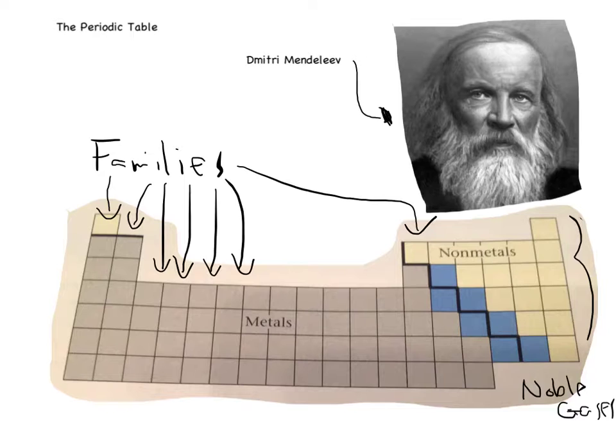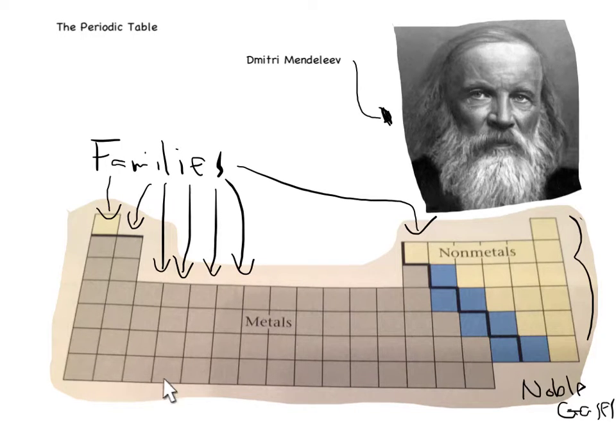Now, the periodic table as a whole is broken into kind of three sections. The majority of the elements on the periodic table are considered metals. When you think of a metal, you think of something shiny, something that you can bend, and so on. Those are all properties of metals, and these are all metals.